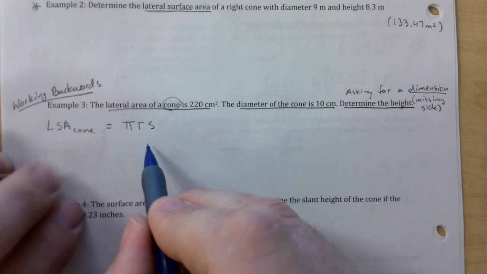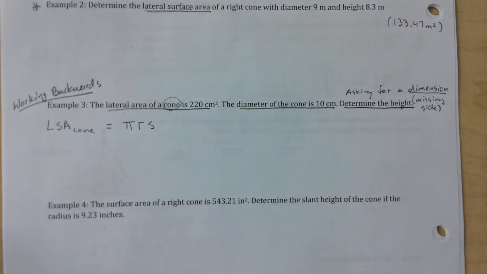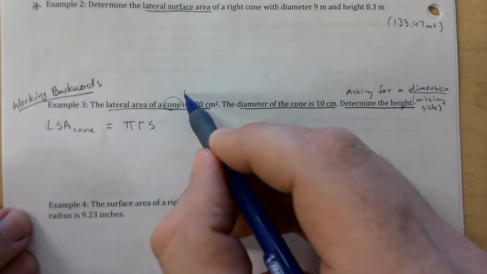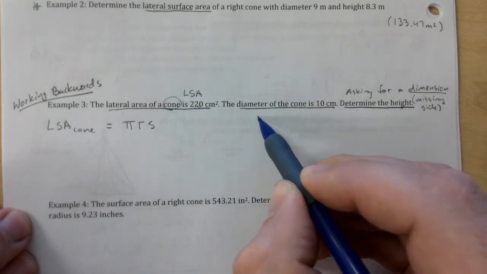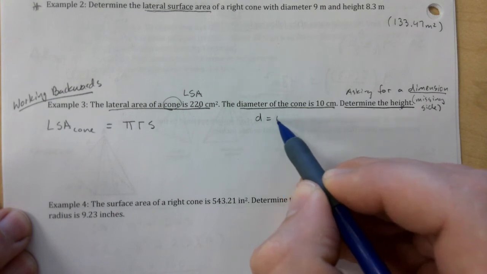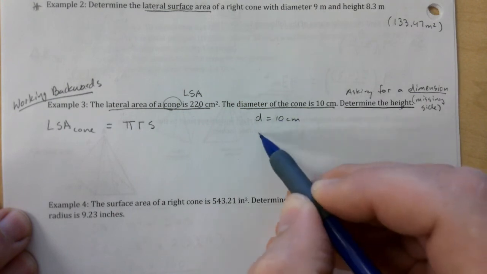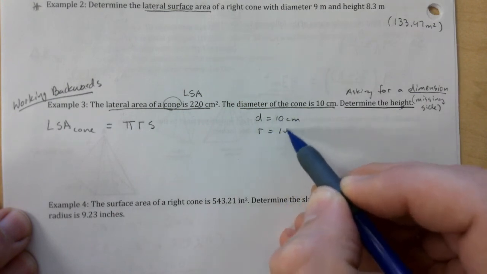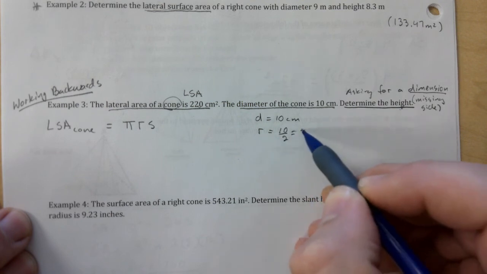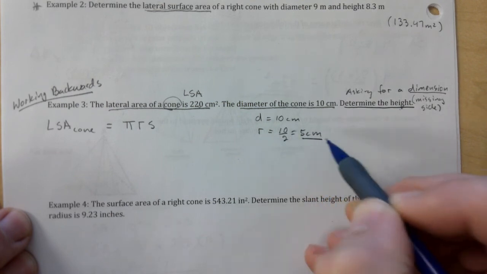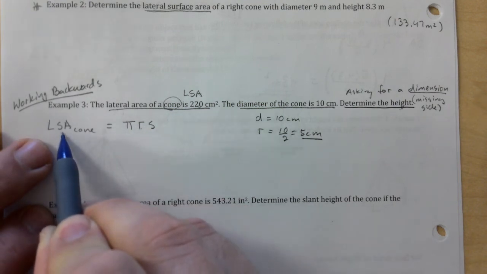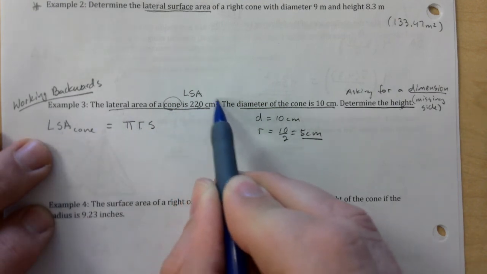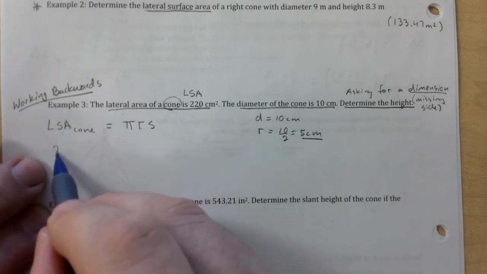Okay? And what do we know? We know that this is the lateral surface area right here. The diameter is 10 centimeters. The radius is going to be half of that, which is 5 centimeters. This is what I need in this formula. And I'm given the lateral surface area. So the 220 will go in here.